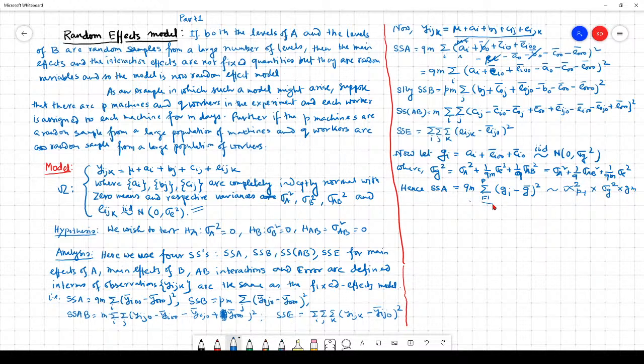Because this portion is nothing but (p minus 1) s square, these portions follow chi square with p minus 1 degrees of freedom into sigma G square, so we multiply by Qm. So SSA follows, I rewrite this again.